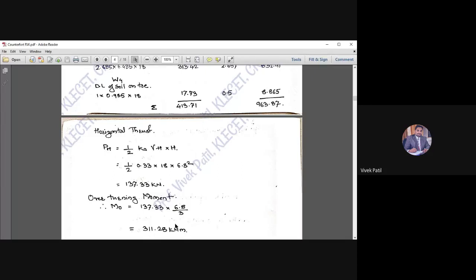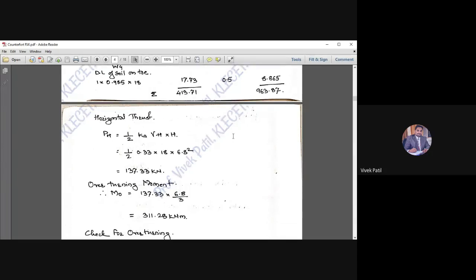Okay, so now the overturning moment has been calculated. We have the restoring moment. We have to see whether it satisfies the check for overturning.